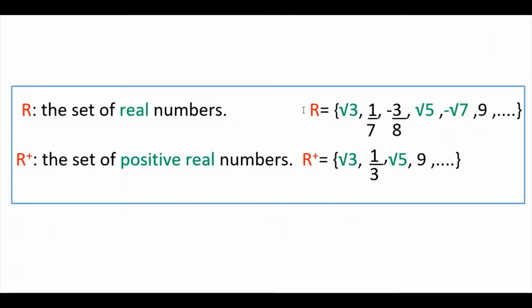That is denoted by capital R. And R plus is only positive real numbers. Out of these real numbers, only the positive ones are called positive real numbers.